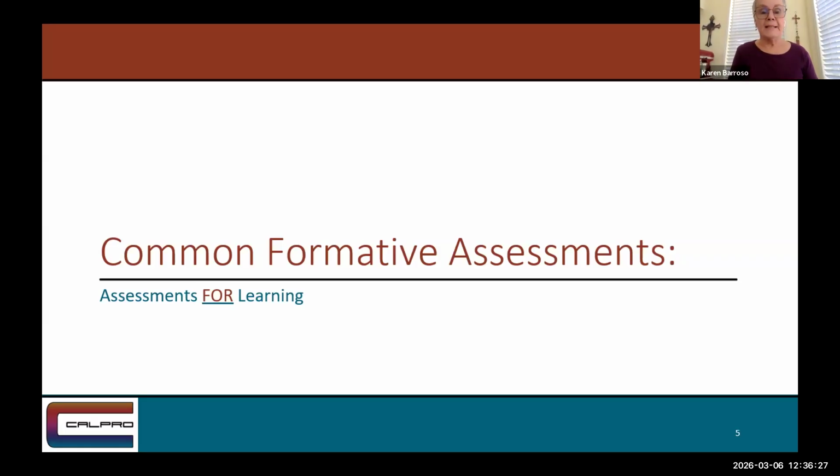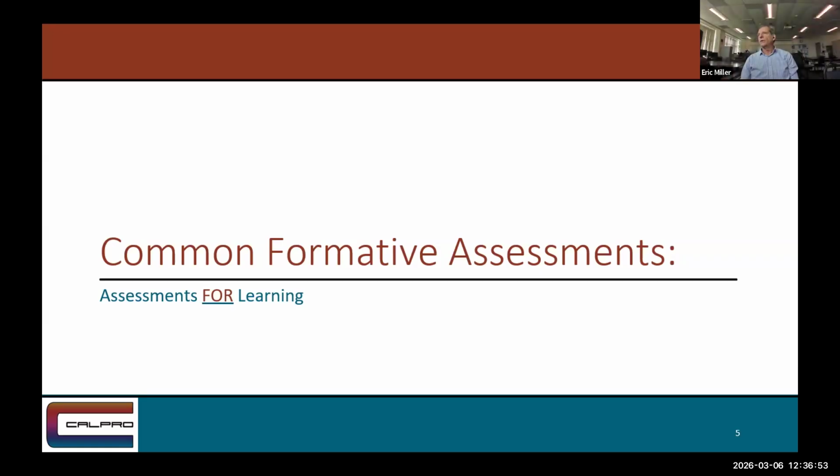So, assessment for learning. What does the "for" mean to you? Anyone, real quick. For learning. We're a small group, so you can just shout it out. Anyone have an idea for learning? What is assessment for learning?